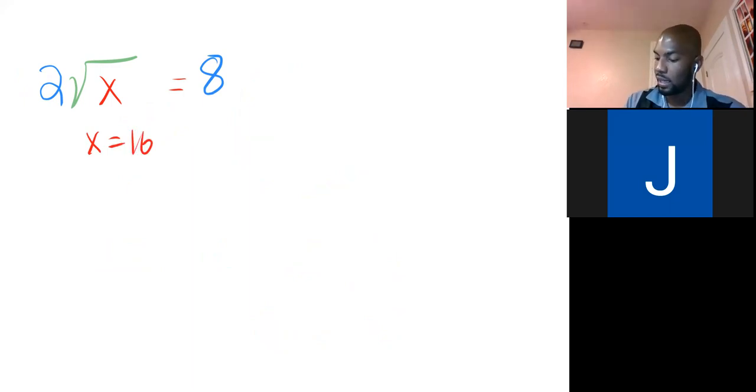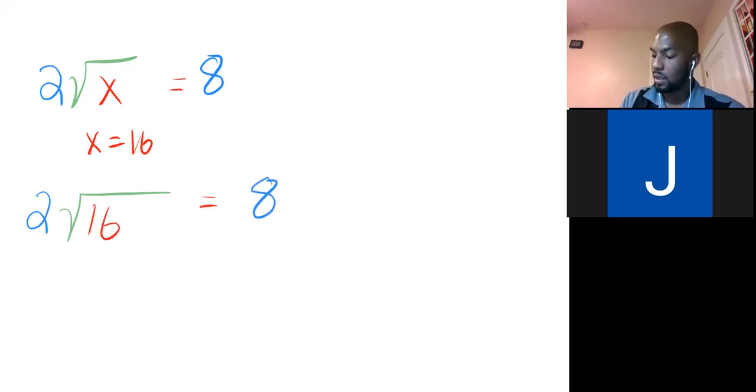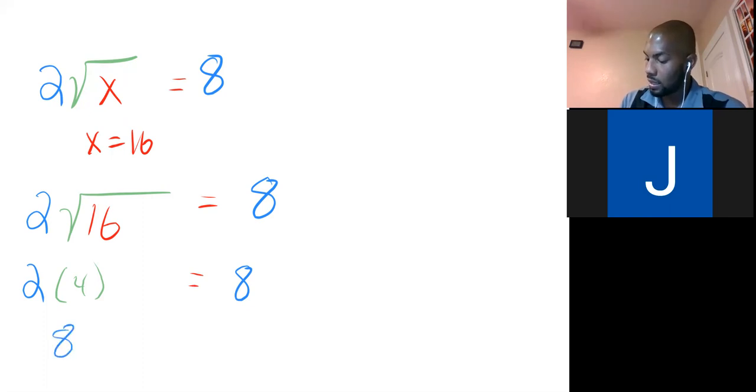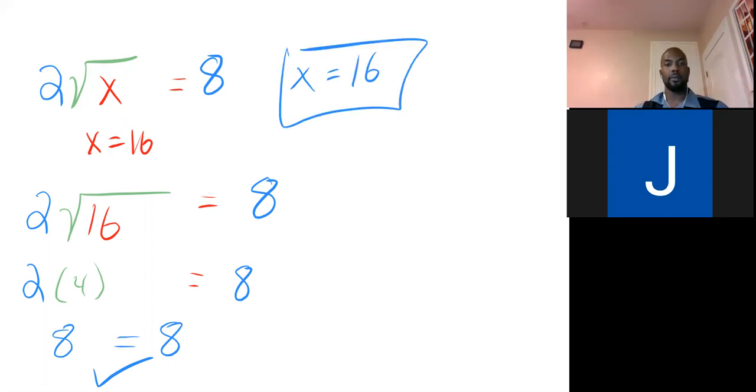So let's see what will happen if I plug it in. 2 times the radical of 16 is equal to 8. Well, rad 16 is 4. 2 times 4 is 8. 8 is equal to 8. X, therefore, is good at 16. Nice. So all you need to do is plug in for those.